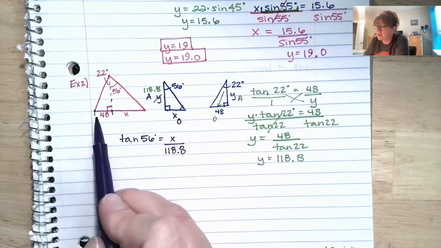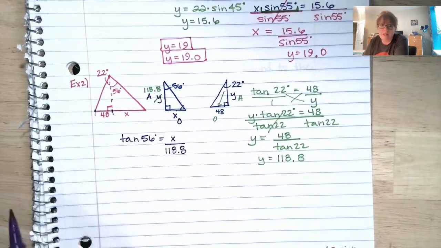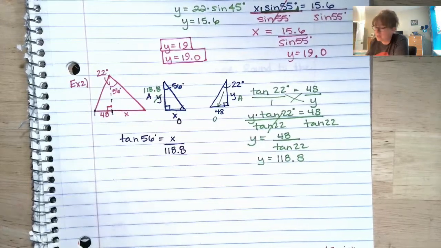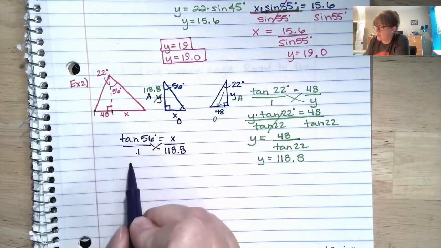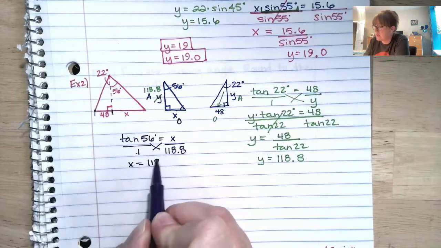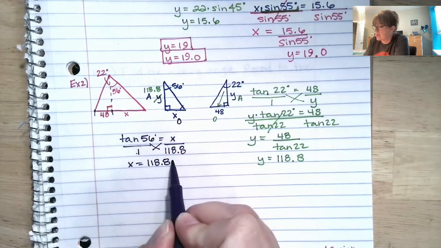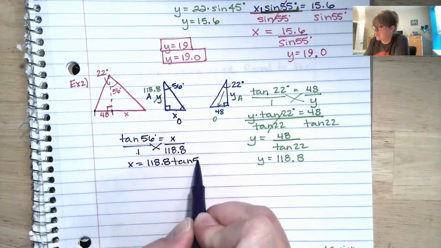118, that's a big number, but look at that little side is 48. So that looks good. Even though it looks like a very big number, it doesn't seem off. X times 1 is x. 118.8 times tangent of 56.